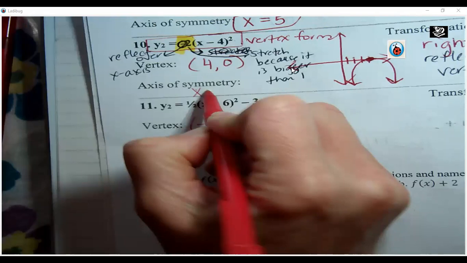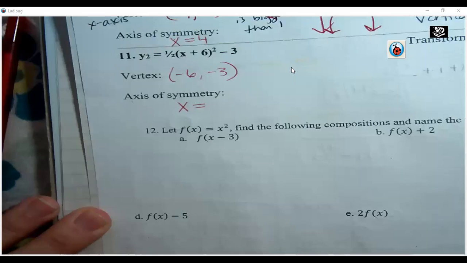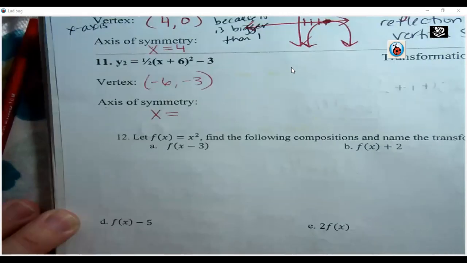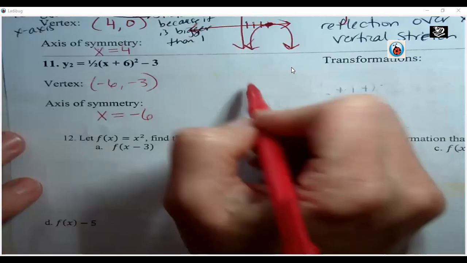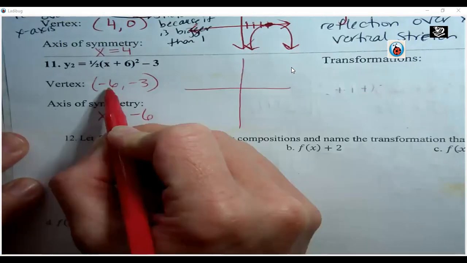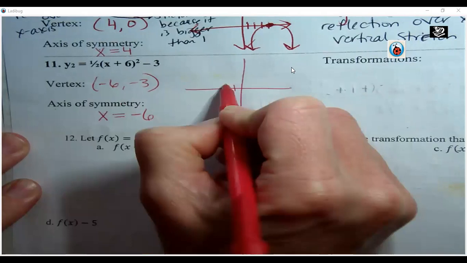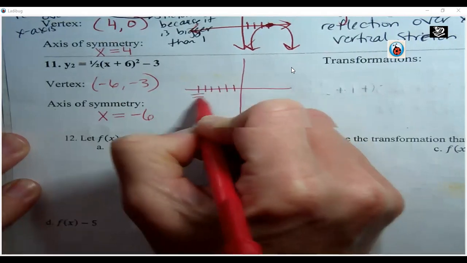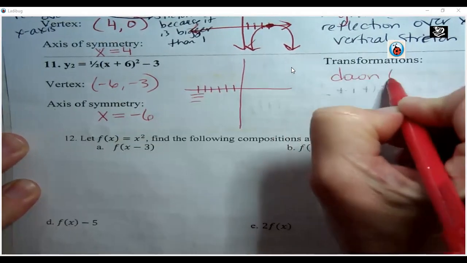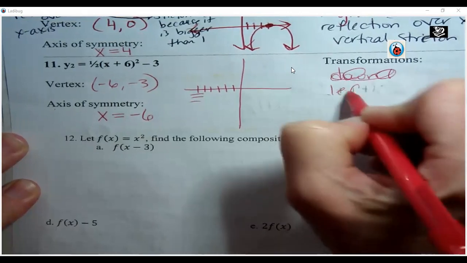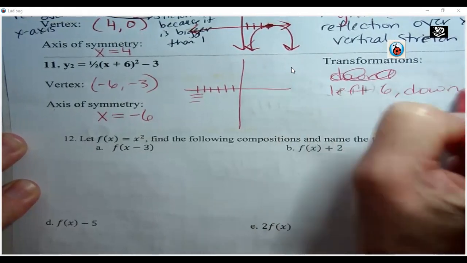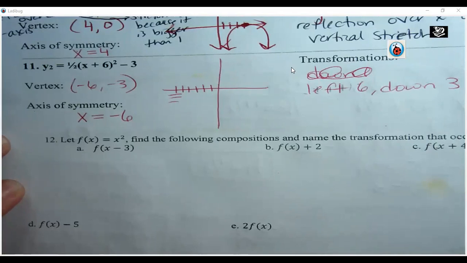What would be the axis of symmetry of this one? -6. Good, x equals -6. Okay, once again, think about how you get to -6, -3? You go left 6 and down 3.